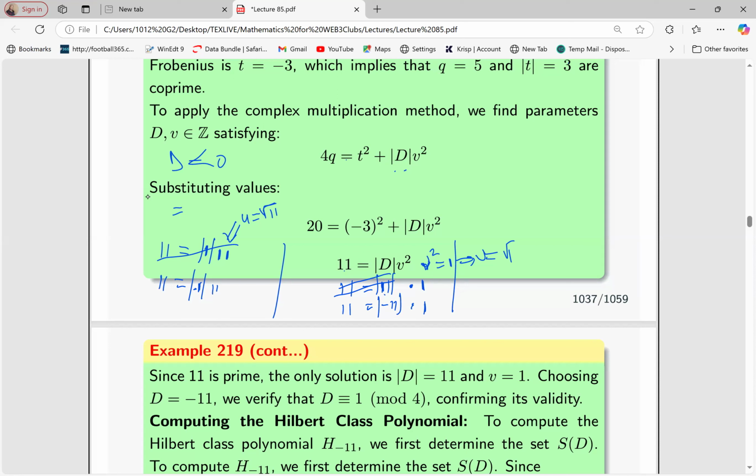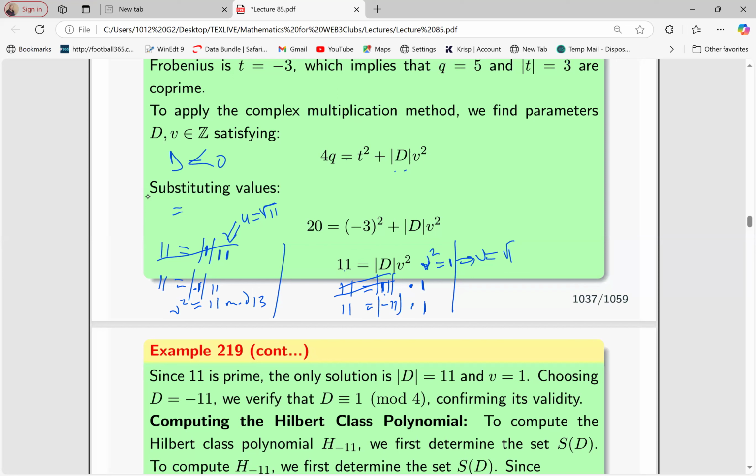Now, the other thing we need to check is whether V square can be 11. We are doing this mod 13. So in other words, you're asking, does 11 have a square root mod 13?